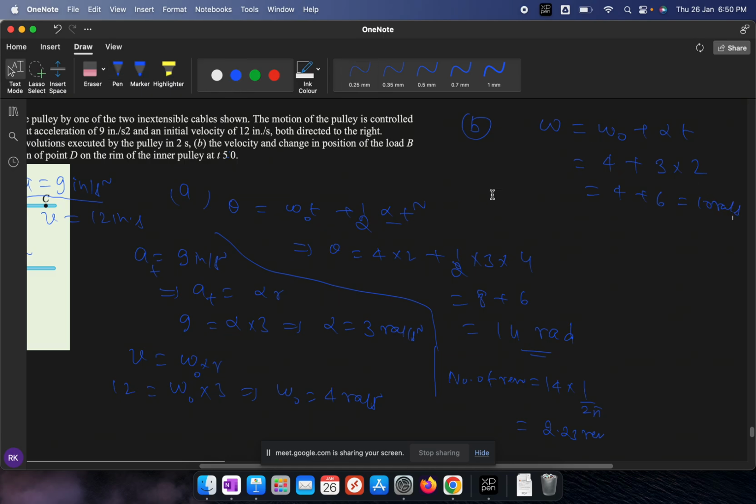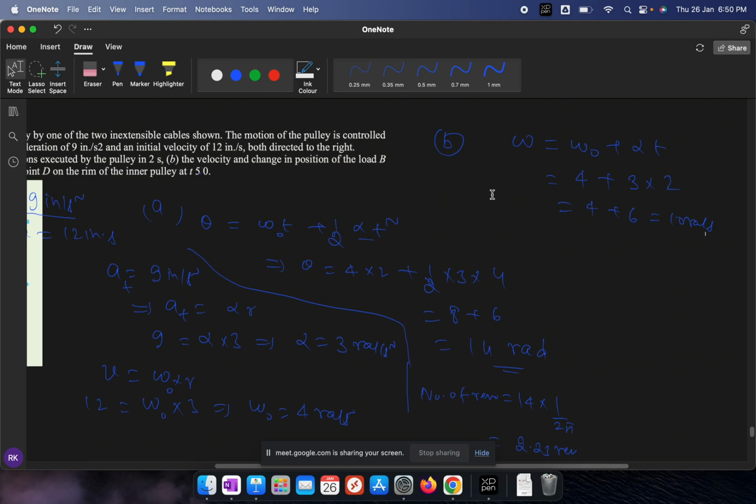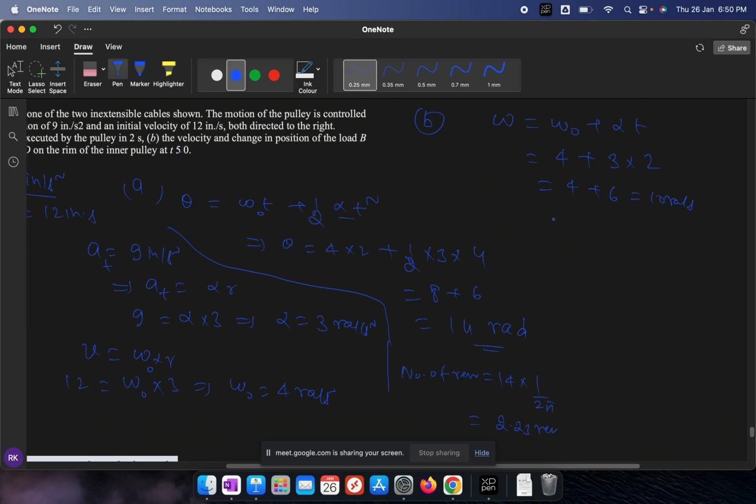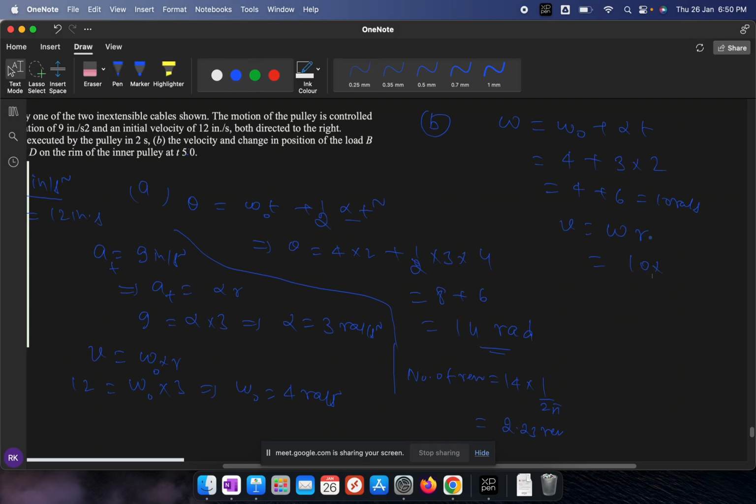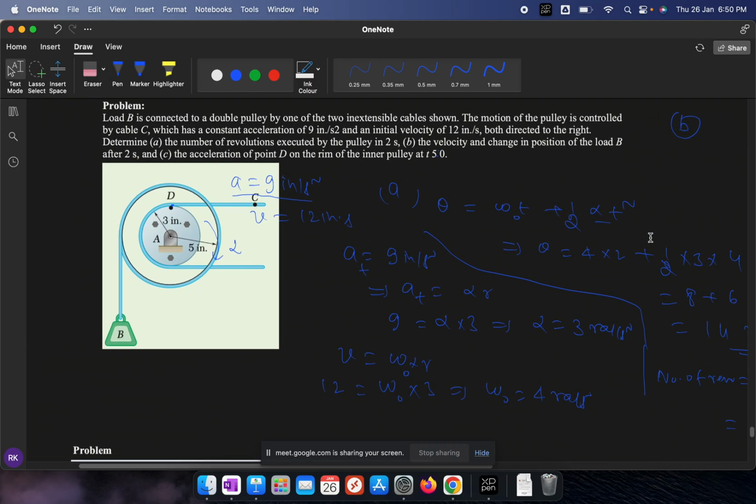Now it is asking the velocity and change in position. So velocity is nothing but v equal to omega cross r. Here you can see that everything is in the same direction, so directly you can write v equal to omega into r. Here you have to write r equal to 5, because it is asking the velocity and change in position of this block.